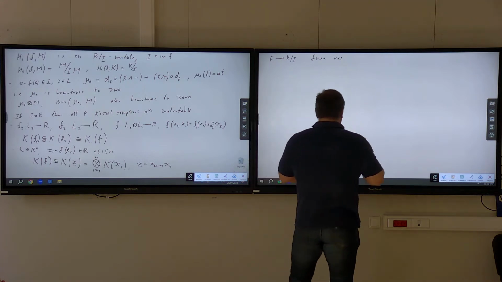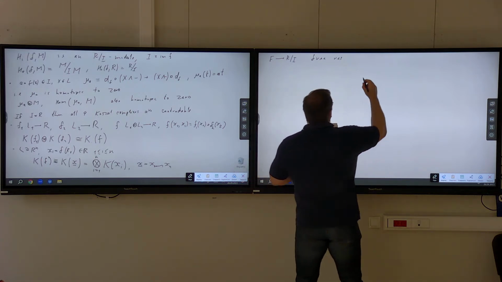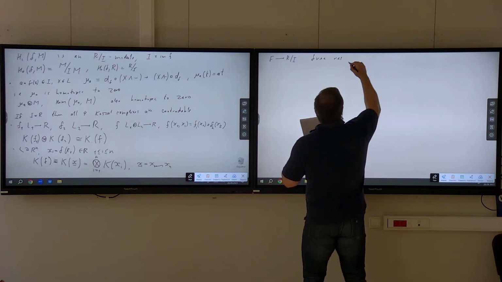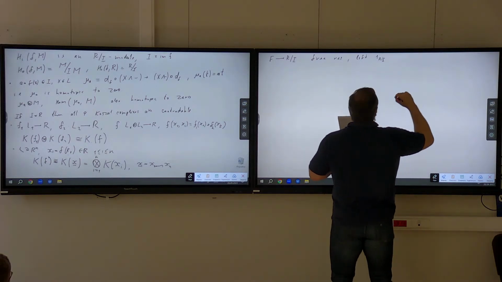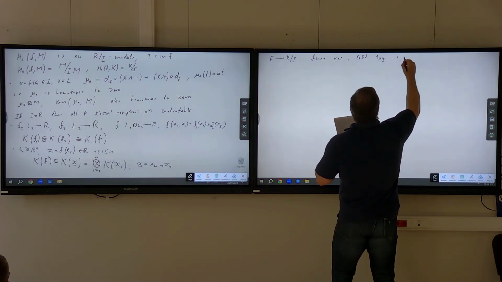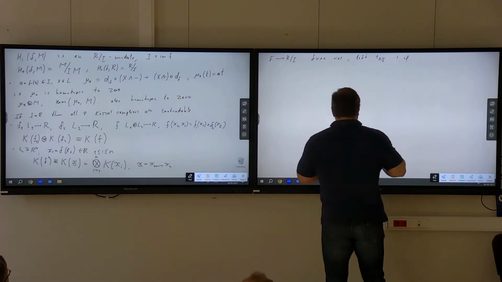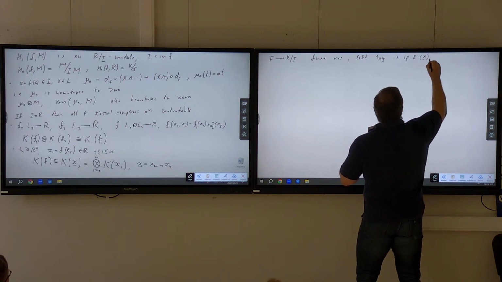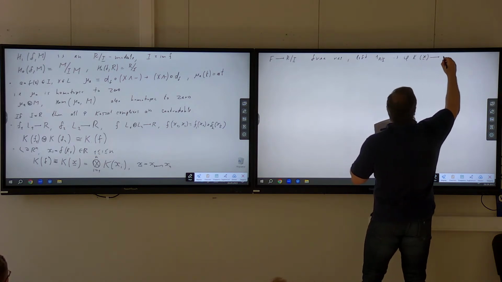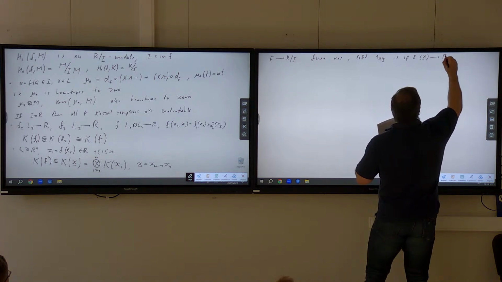For a free resolution, we can lift the identity. So we have identity on the R module I, and then the lift of the identity is some map that I'm going to call phi. So this is a map from the Koszul complex for a sequence to the resolution F.